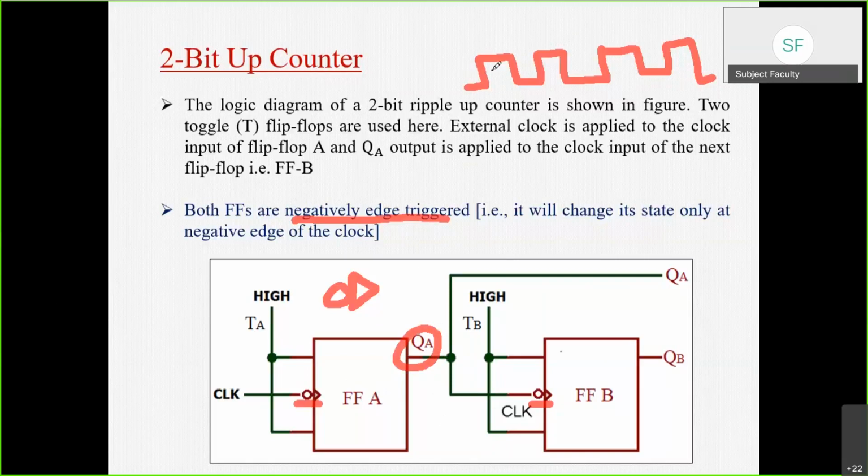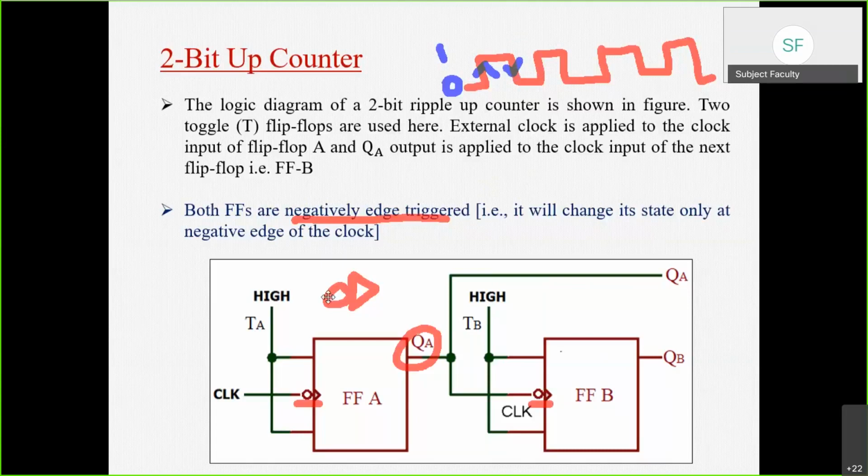This is the positive edge, because your clock is varying from 0 to 1, and this is your negative edge. When your clock is switching from 1 to 0, it is called the negative edge.